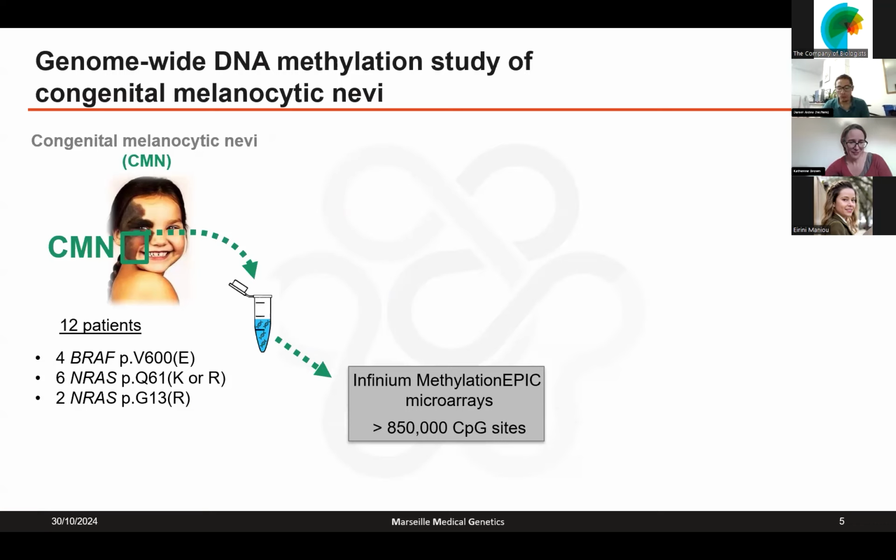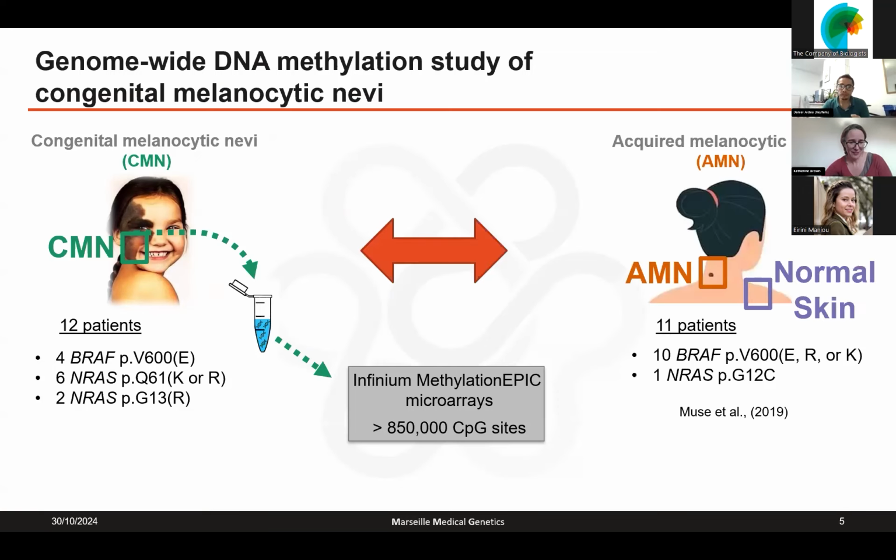To assess the methylation status of these samples, we used an array called the methylation EPIC, with which we can look at over 850,000 positions, or cytosines, genome-wide, called CpG sites. Then, because we wanted to find molecular markers, we compared our data set with a relatively similar study in terms of the mutations and the technology used. In addition, this study contained normal skin.